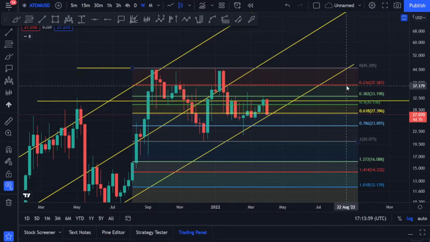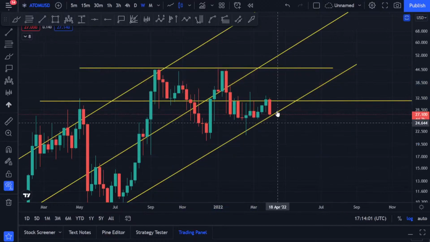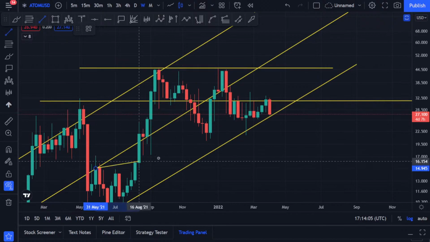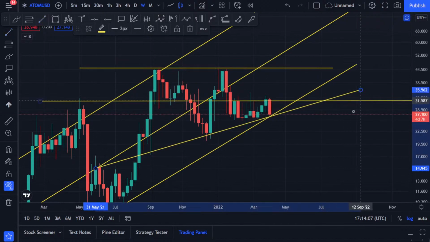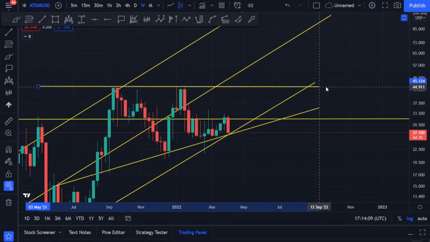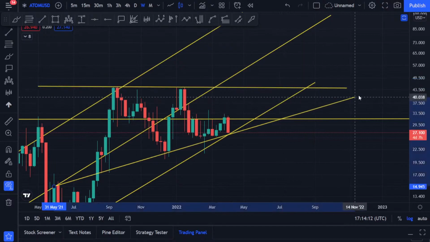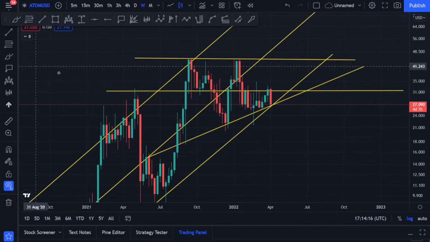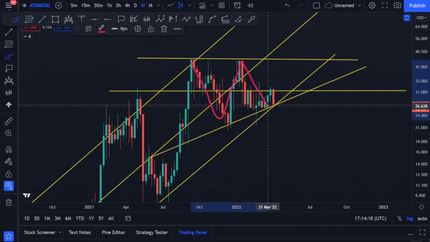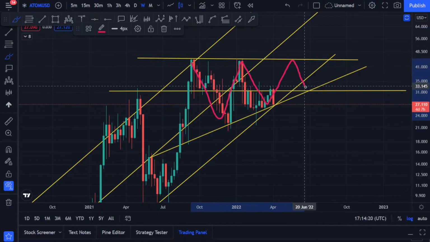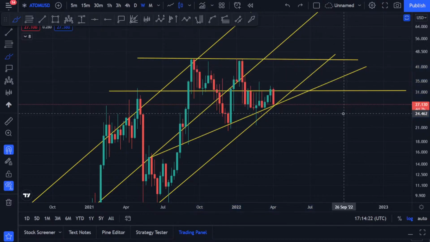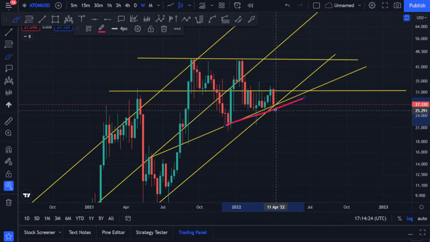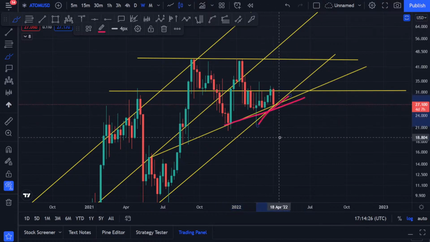But if Atom does a reversal here and goes towards the upside, you can see this beautiful high low formation it's forming, and you can pull this over here if it holds. Again, if it holds, you can see a formation of an ascending triangle can be made, right over here. So this has to hold, and if it breaks, that's your confirmation things are going to start going to the downside.